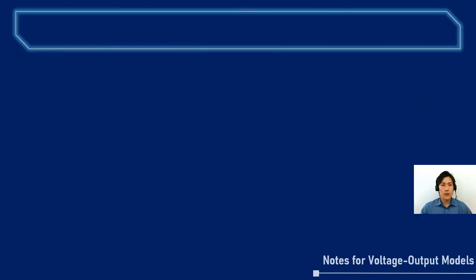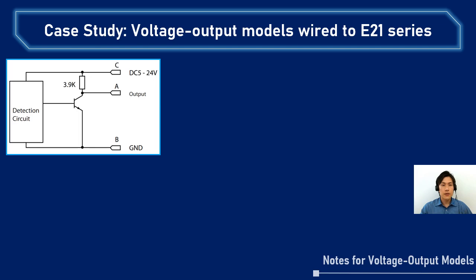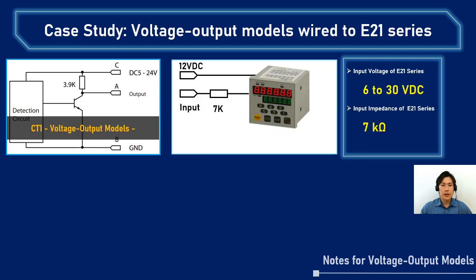This diagram describes the output circuit of CT1 models of voltage output. In this one, it shows the input circuit of electronic counter E21. CT1 requires power supply, so let's make the counter supply 12 volts DC.